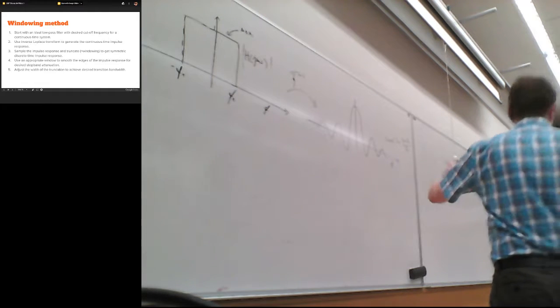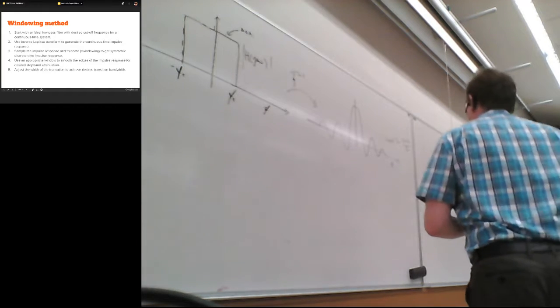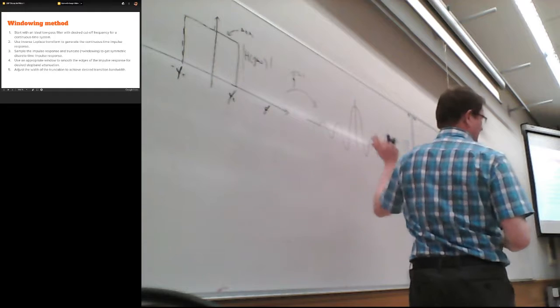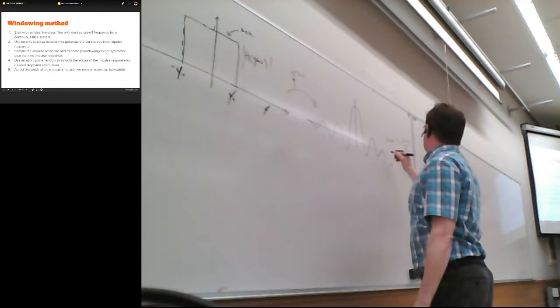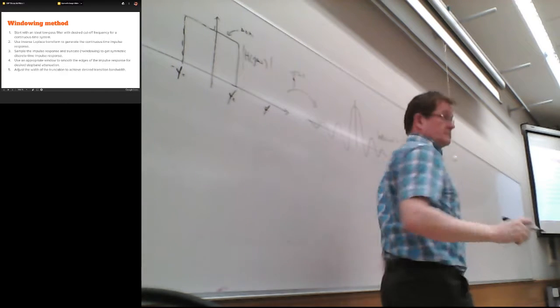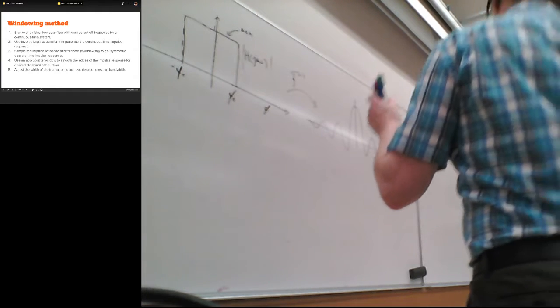So we are engineers, we use pi. Okay, sine pi x divided by pi x looks like that. Okay, so that actually is h of t. So continuous time, the impulse response.